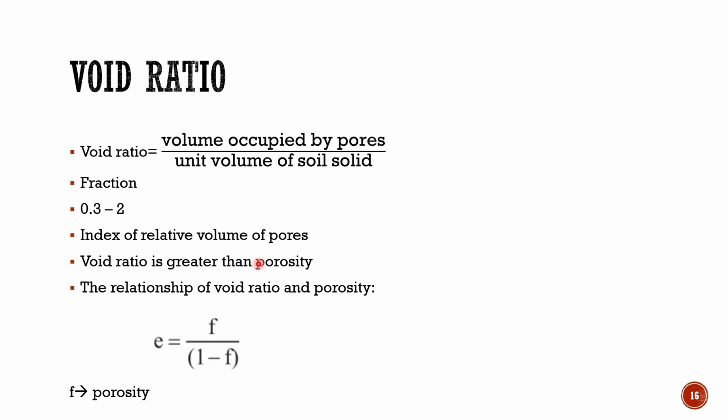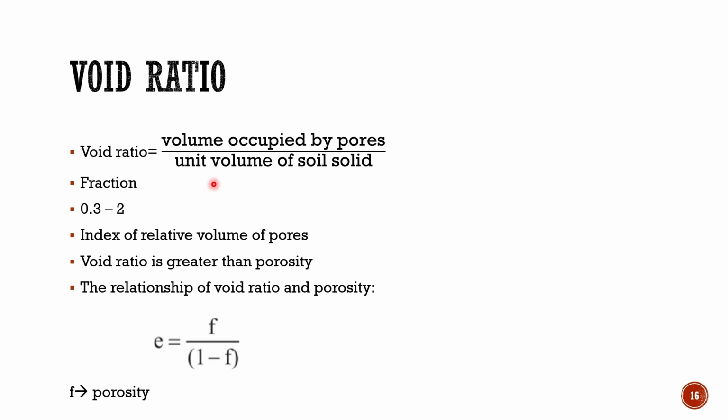Void ratio is greater than porosity. This is an important point. Why does it come so? Because the volume of soil solid is less compared to the total volume of soil. In porosity, we have the total volume of soil below. So this is less, and the void ratio will be more, because the volume of soil solid is less compared to the total volume.